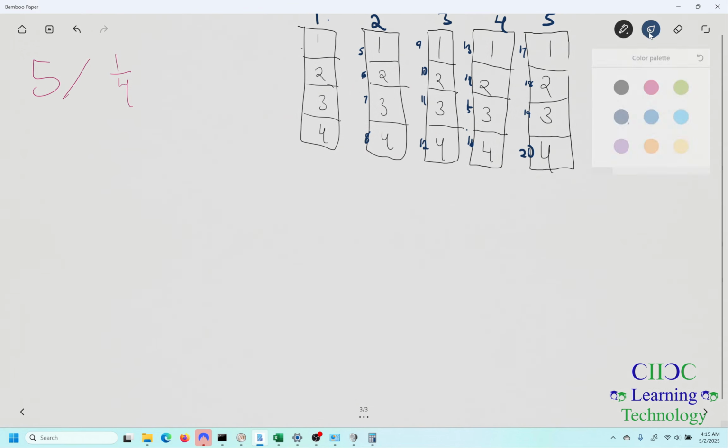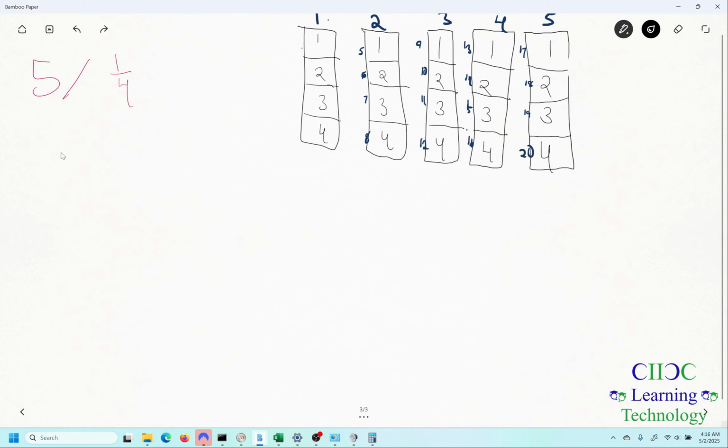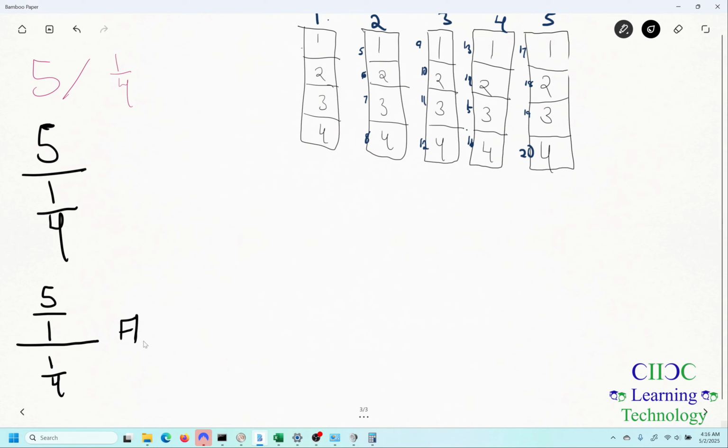Let's go about this the written route. What you really have is 5 divided by 1/4. So you can look at this as 5 over 1, bigger fraction bar, 1 over 4. Flip the denominator, switch the operation.